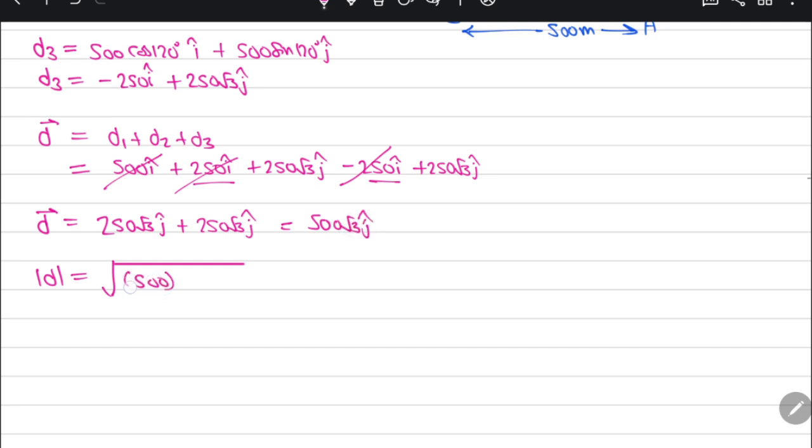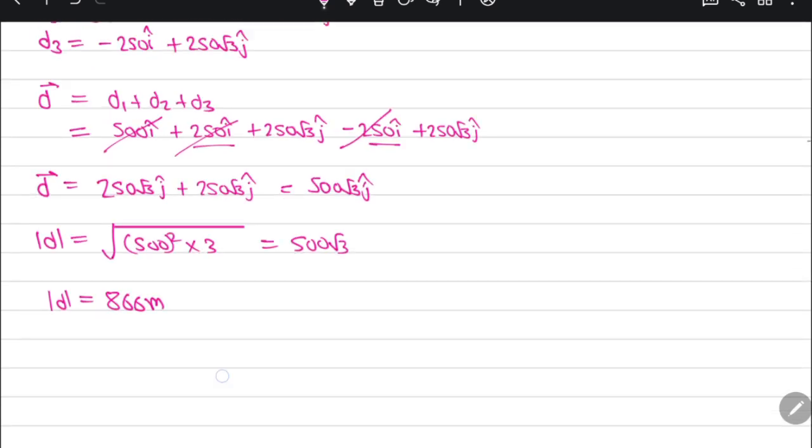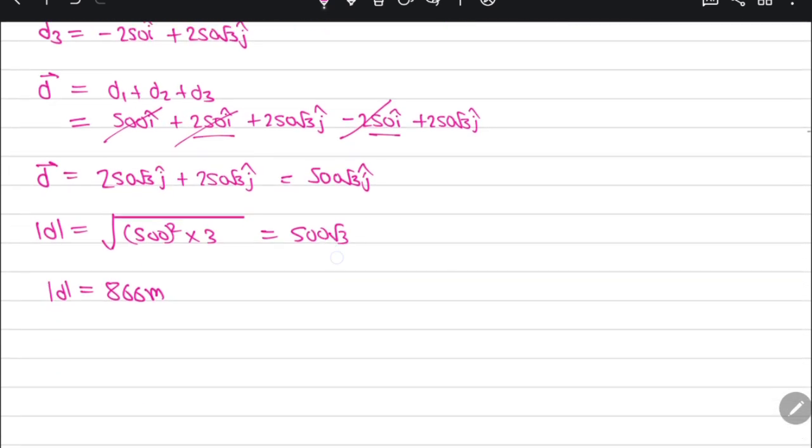If you find the magnitude, 500 into root 3, that is 500 into 1.732, which comes out to be 866 meters.